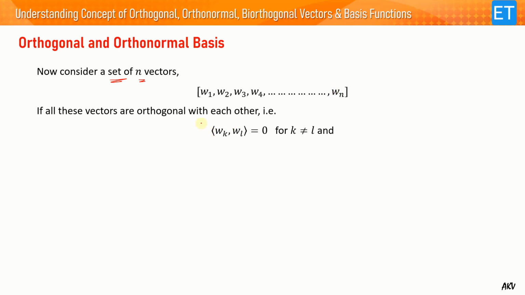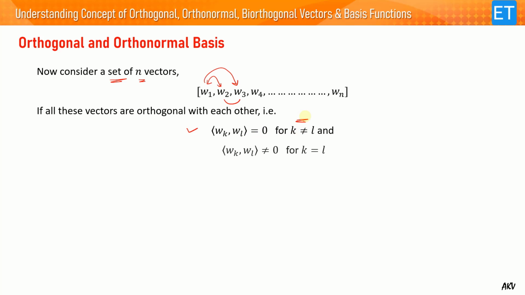That means their inner product will be 0. When you have the inner product of w1 and w2, you will get 0. w1 and w3, 0. w2, w3, any combination you try, you will get 0. That's why mathematically I have defined the inner product wk, wl equal to 0 when k is not equal to l. That means not the self inner product.